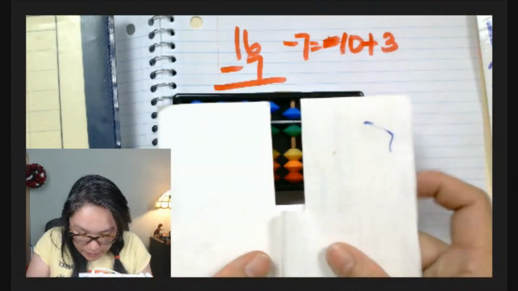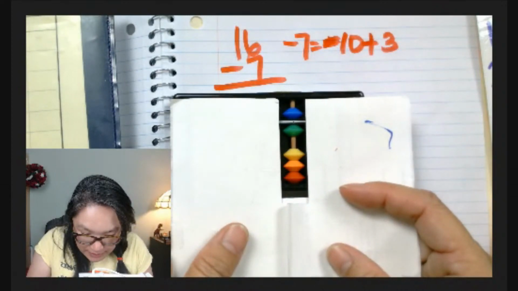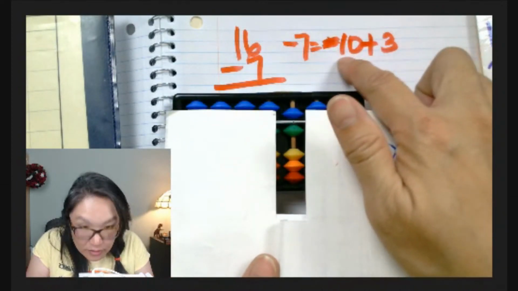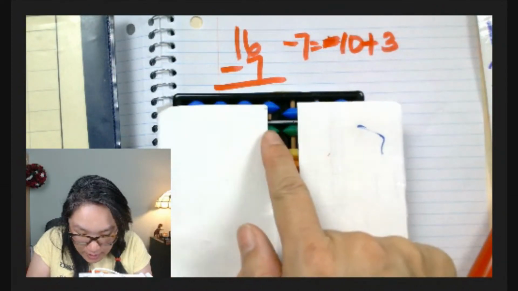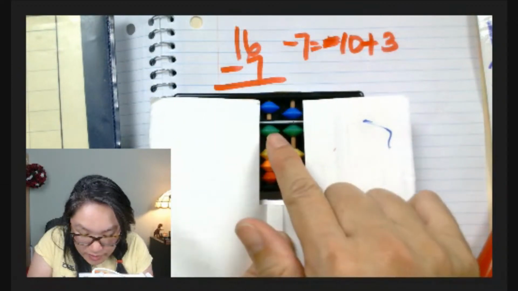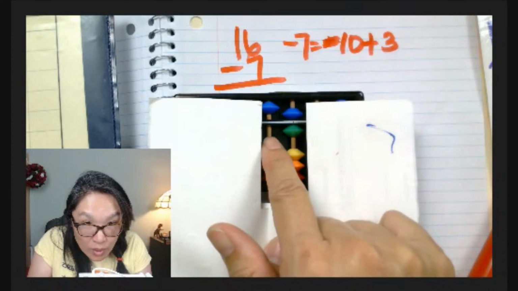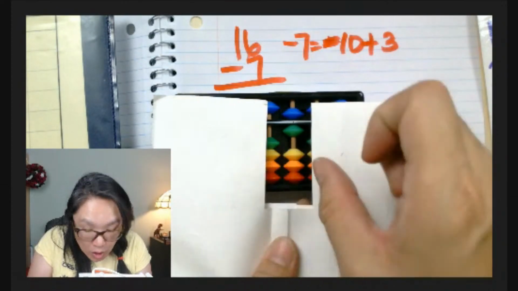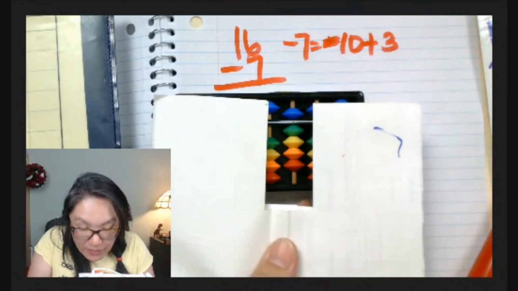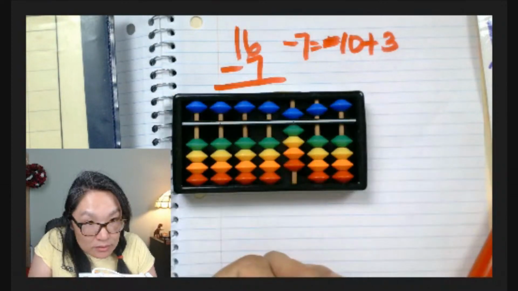Remember that 10 is a 0 and a 1. So all we got to do is take away the 1 because it's 0, 1. 0 is a placeholder. So I'm going to take away the 1 and I'm going to add the 3. My final answer is 9.